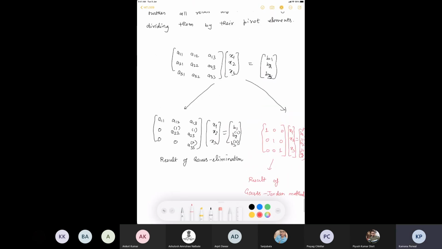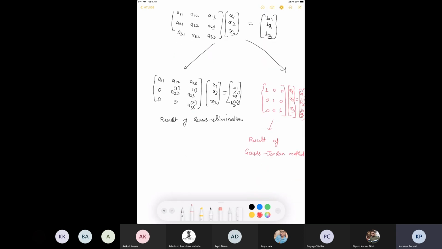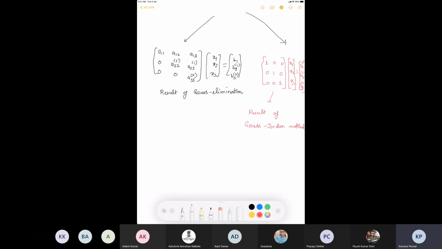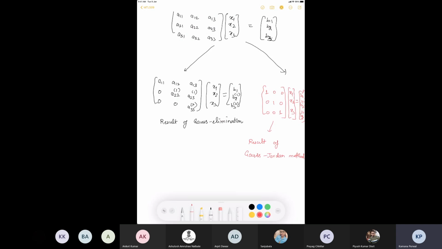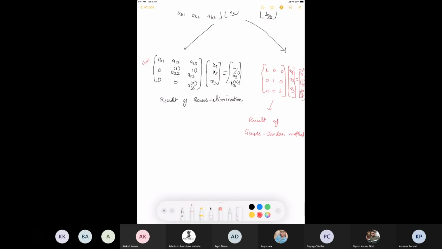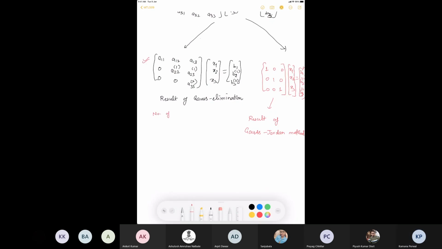Right? But mostly this method is not really used for finding the solution of systems, for the reason that if you count the number of operations, how many multiplications, subtractions, and divisions you are performing to finally obtain this system, for Gauss elimination it is approximately n cube divided by 3.